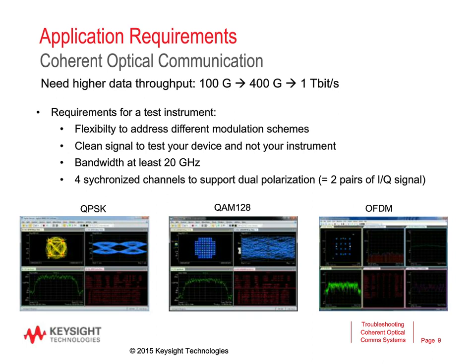Also, it's very important to have clean signal generation so that you're not testing your device, you're not testing your instrument with the signal you're generating. Also, bandwidth of at least 20 gigahertz is needed to be able to fulfill these terabit transmissions. And also, it's very important to have 4 precisely synchronized channels to support dual polarization on the transmit side.